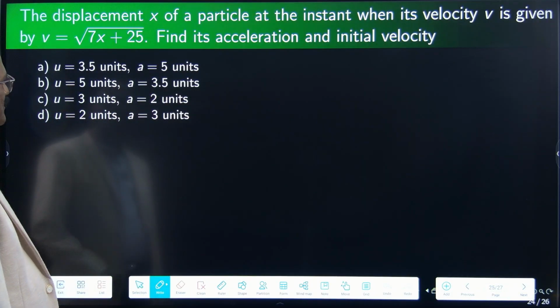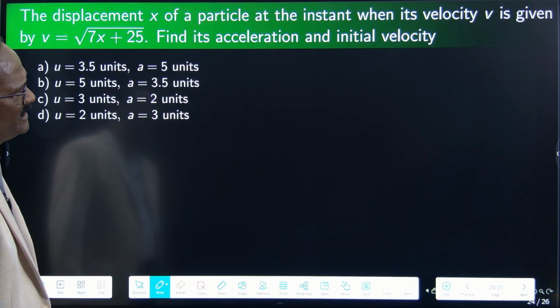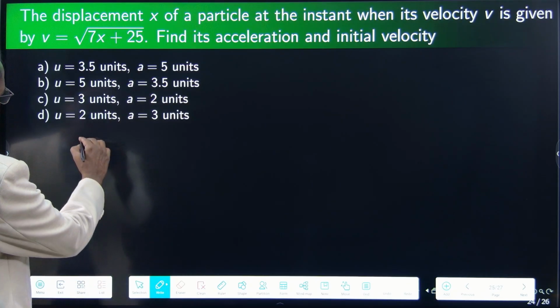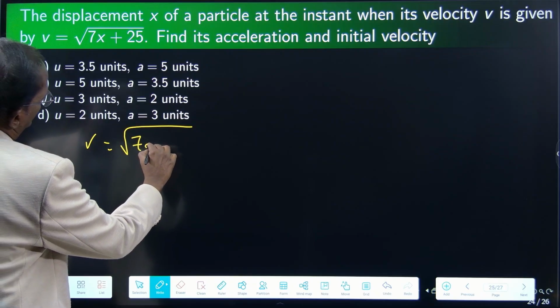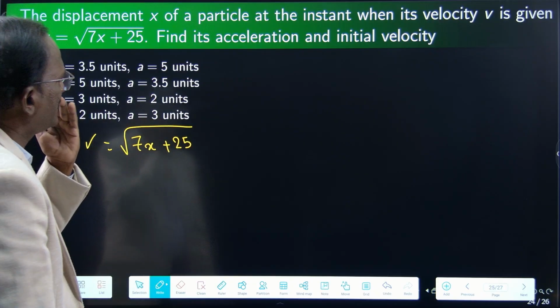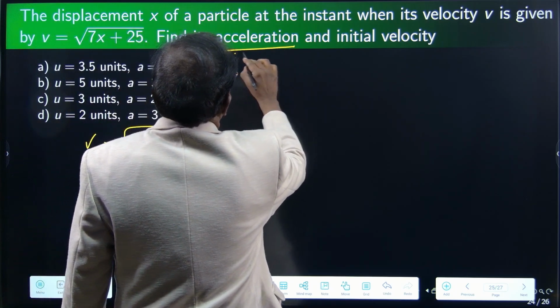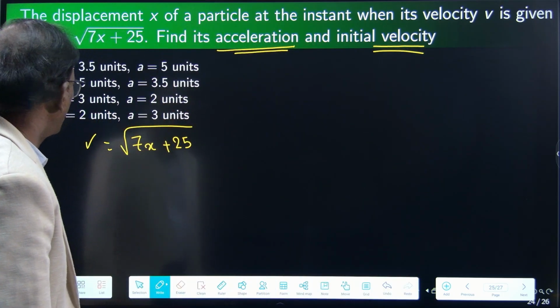The next problem, the displacement x of a particle at the instant when velocity v is given by v is equal to square root of 7x plus 25. Find its acceleration and initial velocity, right?